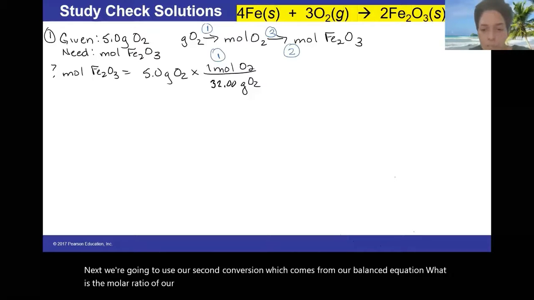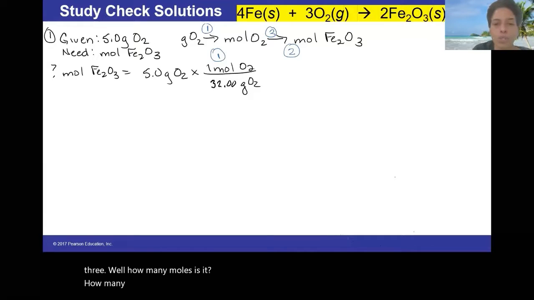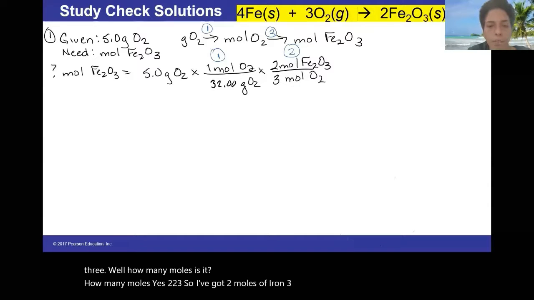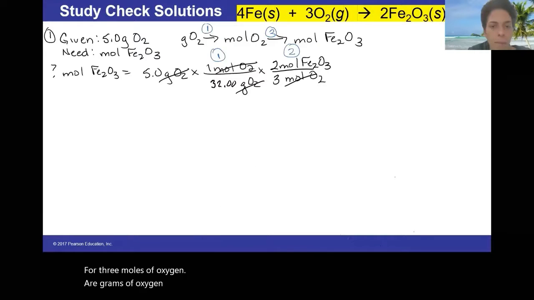How many moles? Yes, 2 to 3. So I've got 2 moles of iron 3 oxide for 3 moles of oxygen. Our grams of oxygen cancel, our moles of oxygen cancel, and we're left with moles of iron 3 oxide. So we know that we set up our problem correctly.